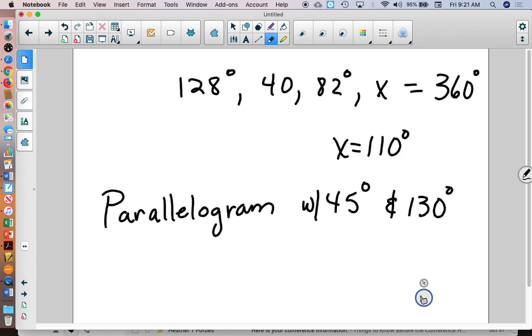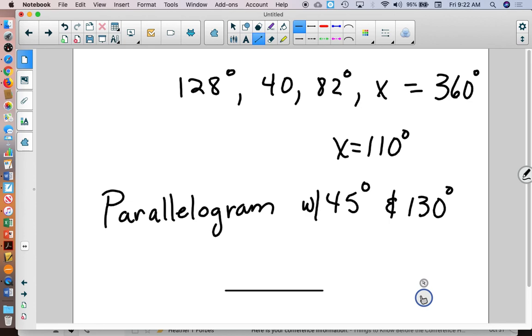And the opposite lines are congruent and parallel. So let's see. Okay, I've got one line drawn. Page 294.